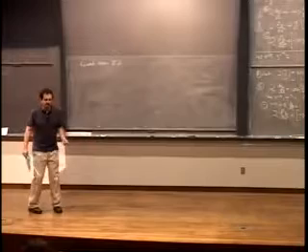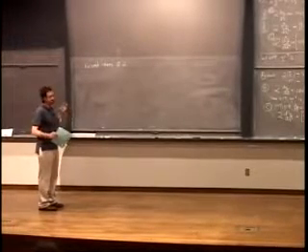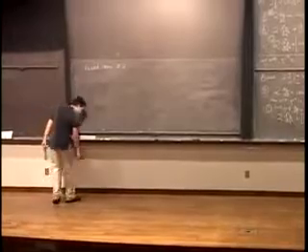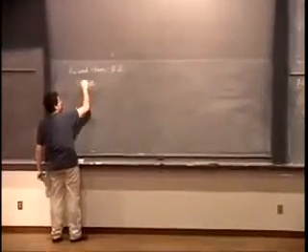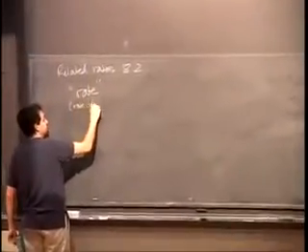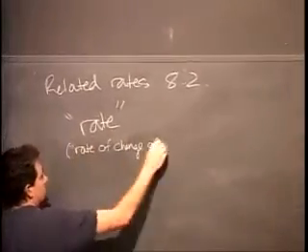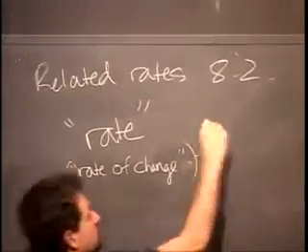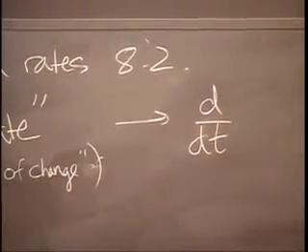Now, rates. What is the rate of something? Rate is a code word for d/dt. Whenever you see rate or rate of change, you should think d/dt, change with respect to time.